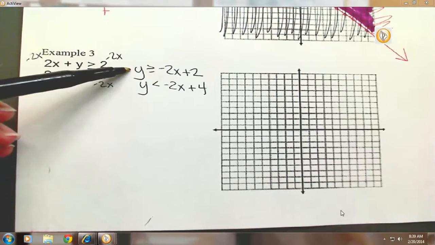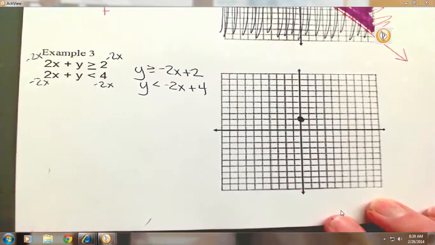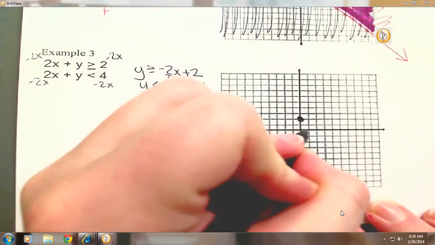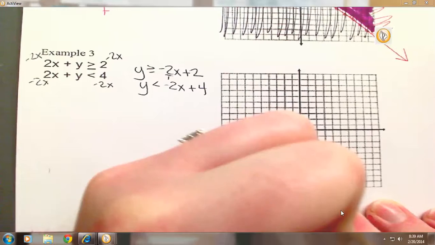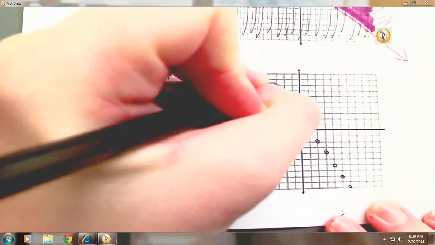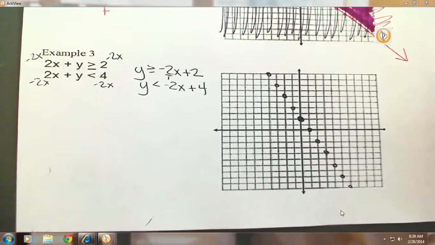For the first inequality, what's your y-intercept? 2. And the slope? Negative 2 over 1. So down 2 and right 1. We could also go up 2 and left 1. Do we use a dashed or solid line for the first inequality?